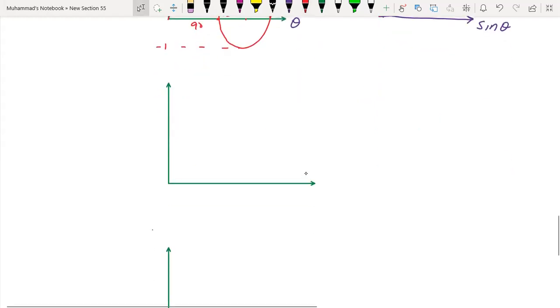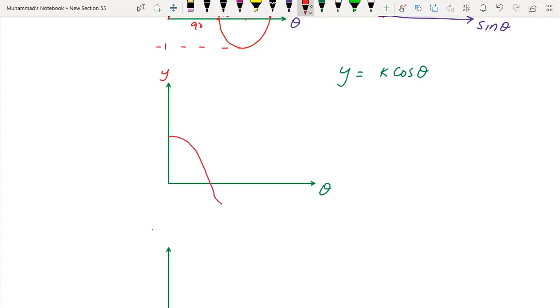And if you have to sketch a graph of y equal to k cos theta, and if on the x-axis you have theta and on the y-axis you have y, then the graph will be like this, one period.